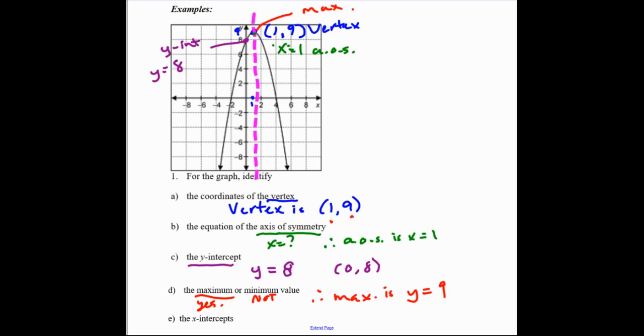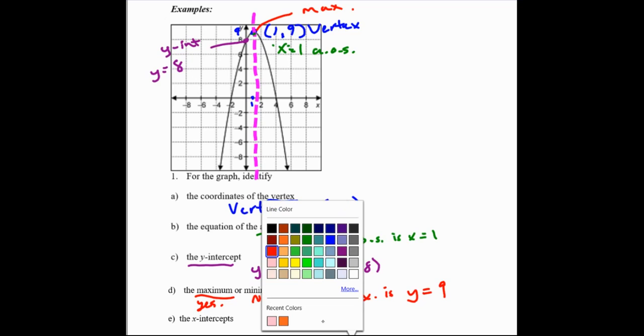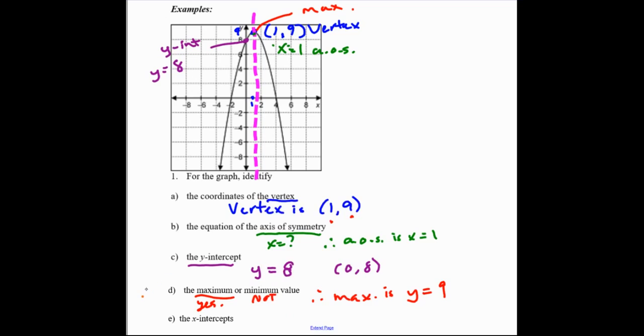And lastly, we have our x-intercepts. Our x-intercepts are here and here. So x equals -2, and you have 2 of them because the line crosses the x-axis twice.